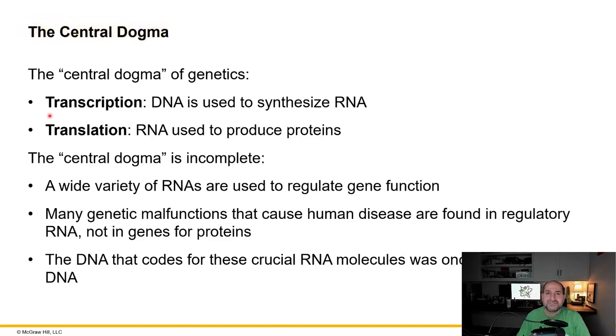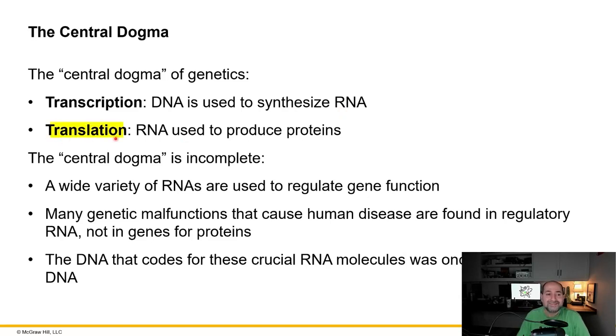The first step to the central dogma is called transcription. This is where the DNA or the gene is copied to mRNA to synthesize a new strand of mRNA. Remember that mRNA stands for messenger RNA, and that messenger RNA is a single-stranded RNA copy of the gene.